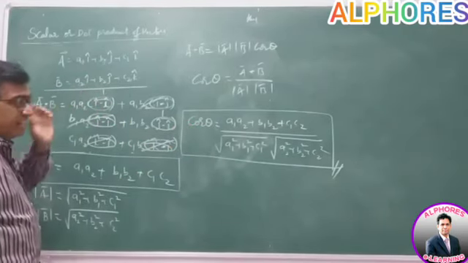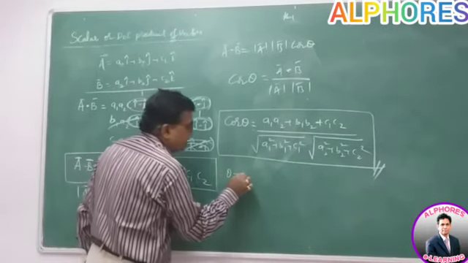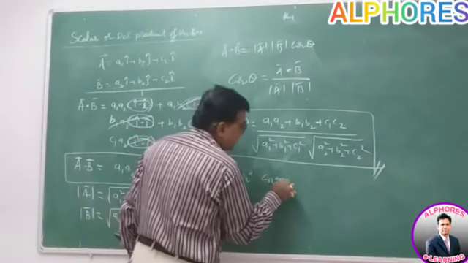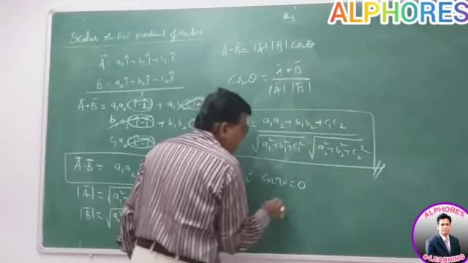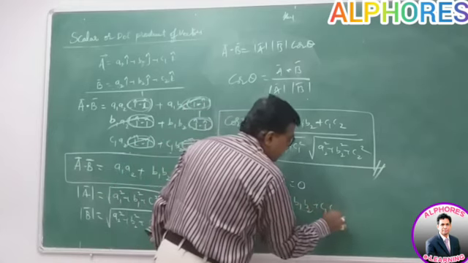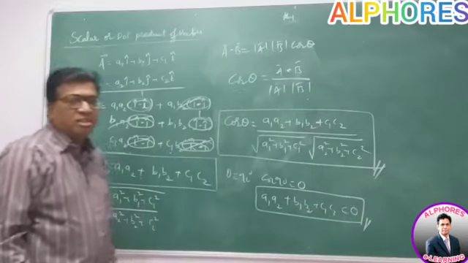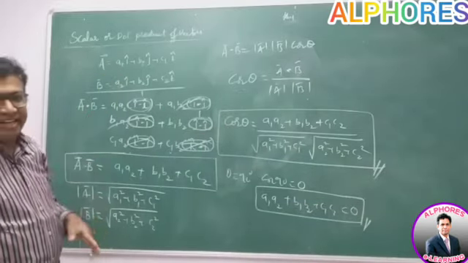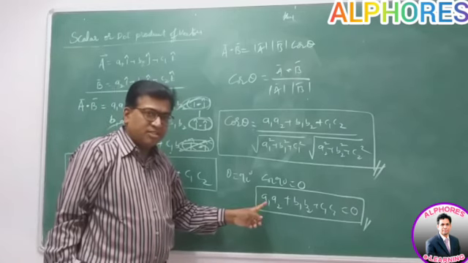Suppose the angle is 90 degrees, then we will get A dot B as 0. If theta is equal to 90 degrees, we know cos 90 is 0, so the numerator becomes 0. It means a1 a2 plus b1 b2 plus c1 c2 is 0. Whenever two vectors are perpendicular, orthogonal, at 90 degrees, a right angle, then the dot product is 0.